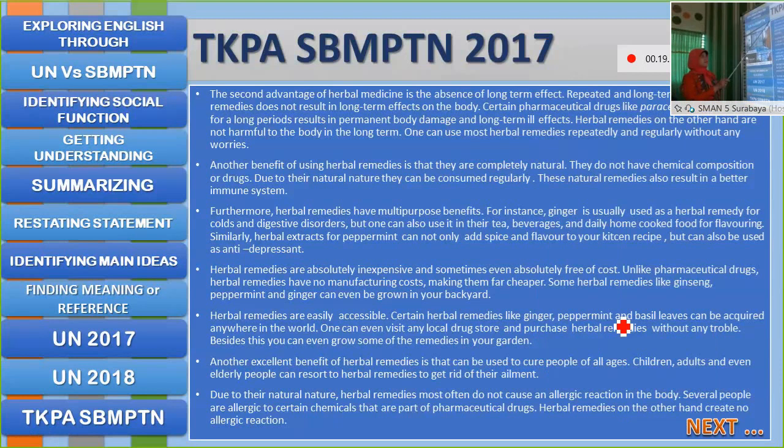The first paragraph. The first paragraph starts with the words the second advantage. It means you can guess the paragraph before the text is the first advantage. It means the preceding paragraph most likely discusses how many advantage?